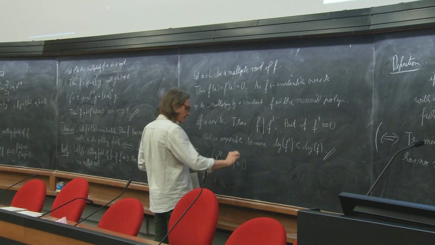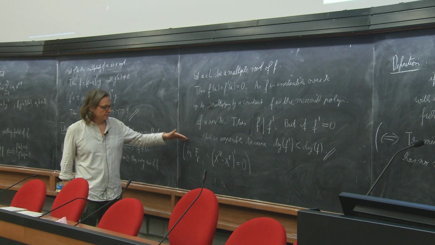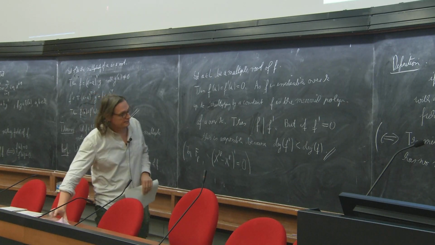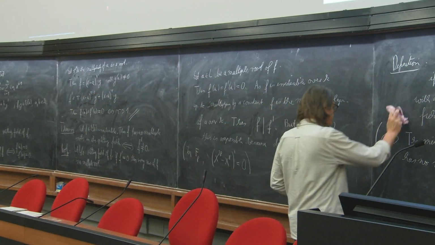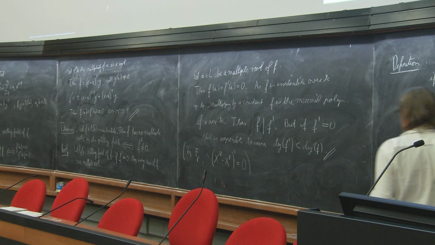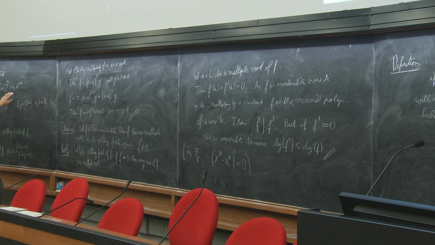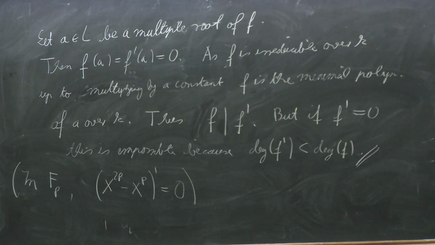So in that sense, this condition can happen if the characteristic is p, but in characteristic 0, obviously it cannot happen. The derivative of a non-zero polynomial, by definition, is never 0, because if you write this thing down, you can see what the coefficients are. So if you have a non-constant polynomial, these a_i are non-zero. You multiply them by the number i, this will not be 0.